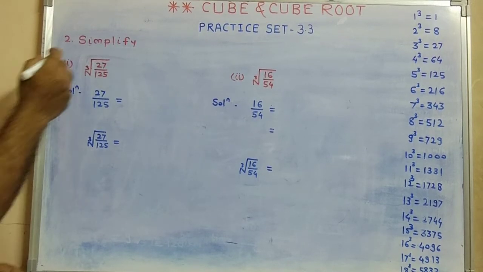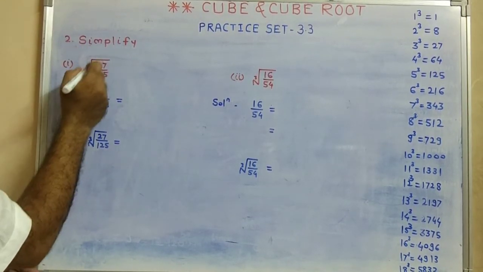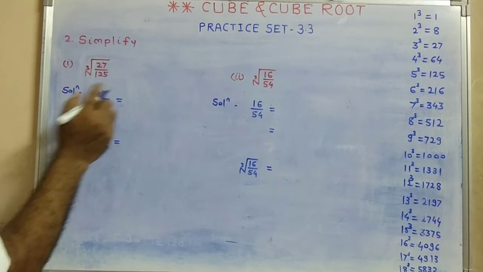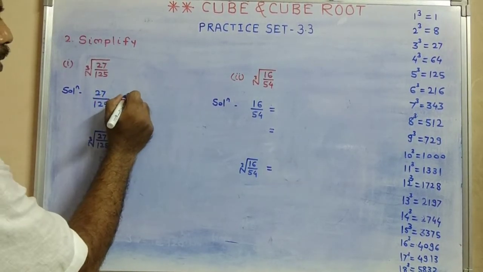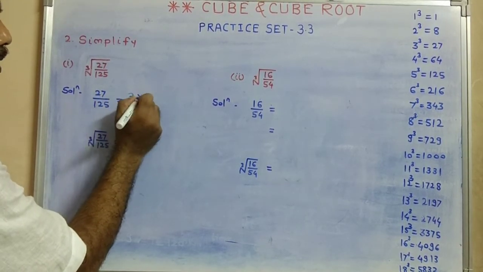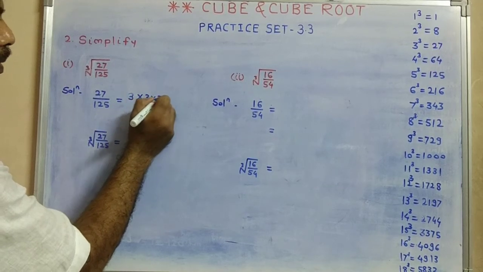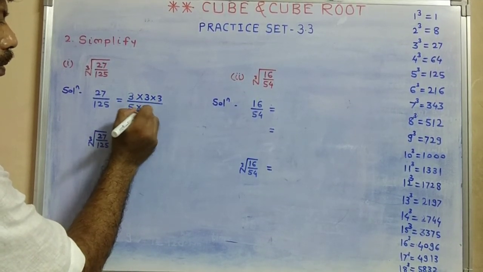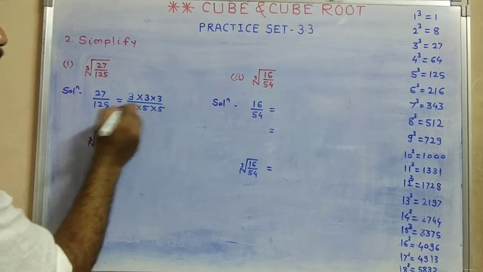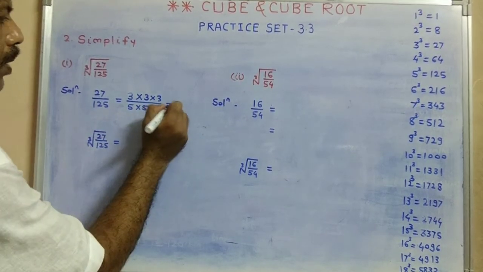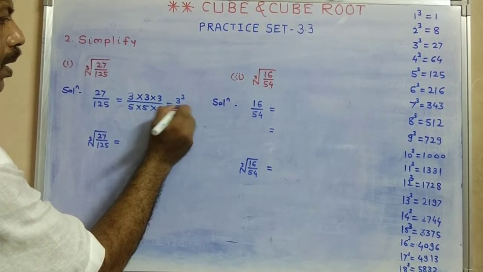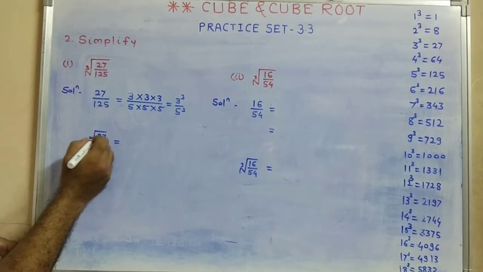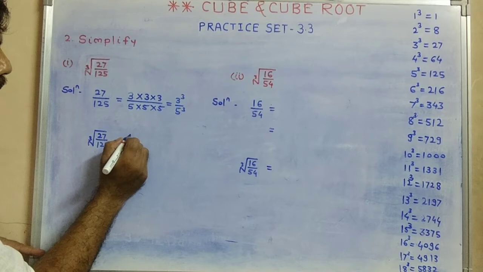Now, the second question is simplify. That is, you have to find the cube root of 27 upon 125. Now, you have to factorize this 27, it is the cube of 3, 3 into 3 into 3, divided by 125, which is 5 into 5 into 5, that is 5 cube. Therefore, it can be written as 3 cube upon 5 cube. Therefore, I am taking the cube root of 27 upon 125.